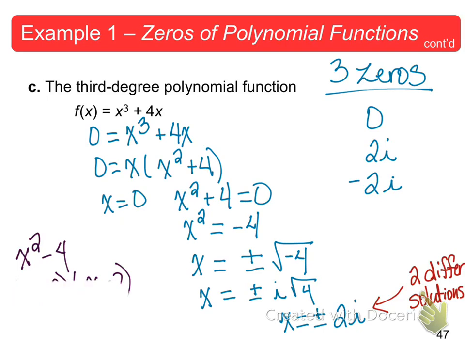Now, if you had this right here and you set it equal to 0, if you weren't thinking that it was a difference of perfect squares, I would still end up with x squared equals positive 4.